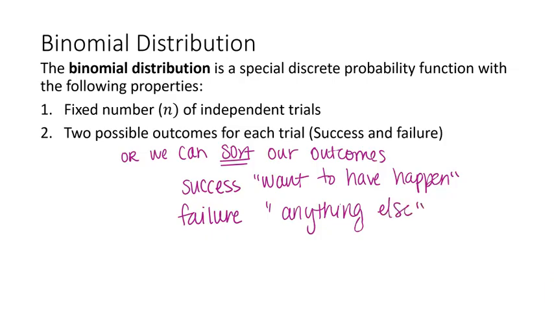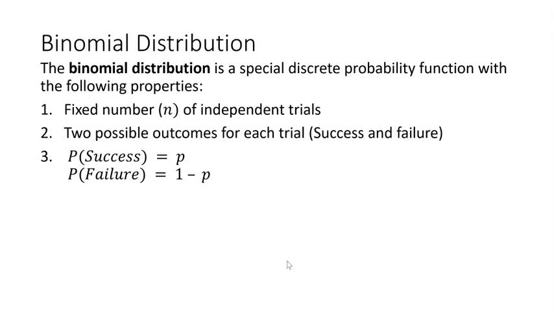So as long as I can sort them into those two groups, then I'm eligible for the binomial distribution. Once I've sorted them, the probability of success has a certain percentage. That means the probability of the failure is 1 minus that, just using the complement rule.